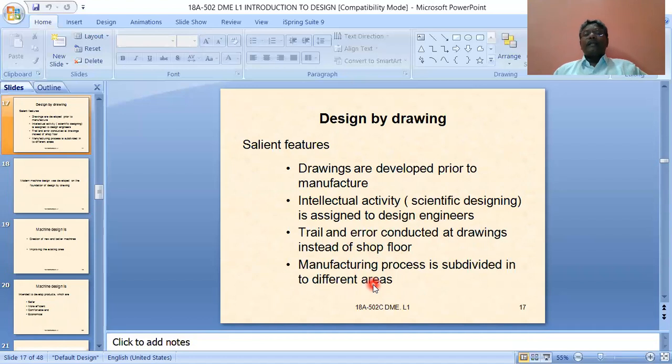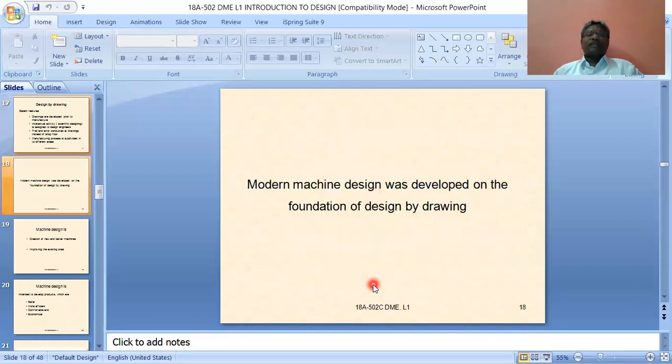These are the design by drawing methods. And similarly, modern machine design was developed on the foundation of design by drawing. Whereas in the previous case, design by craft evaluation is obsolete. Nowadays, we are going to have design by drawing.